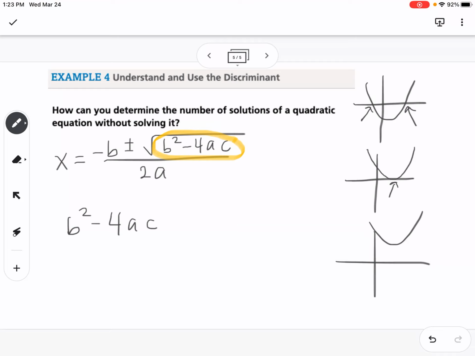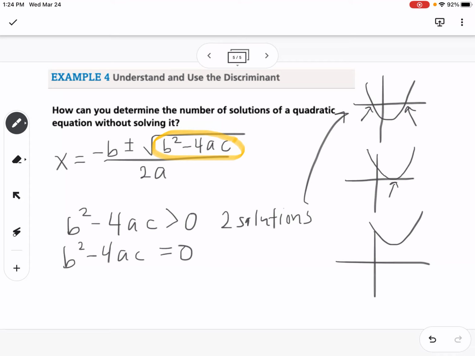So if b squared minus 4ac, the part underneath the square root sign, like in our previous two examples, is greater than 0, then we're going to have two solutions. So that would be that top picture. If b squared minus 4ac is equal to 0, then whatever our negative b value is, we're going to add and subtract 0, which would keep it the same number.